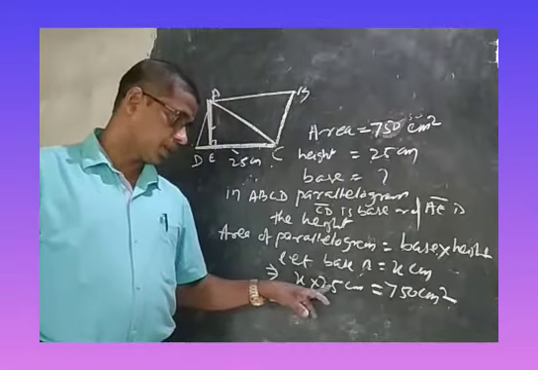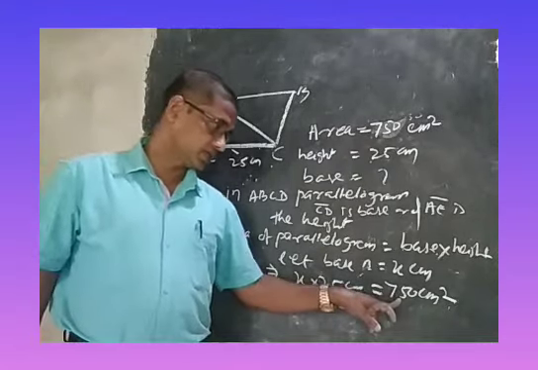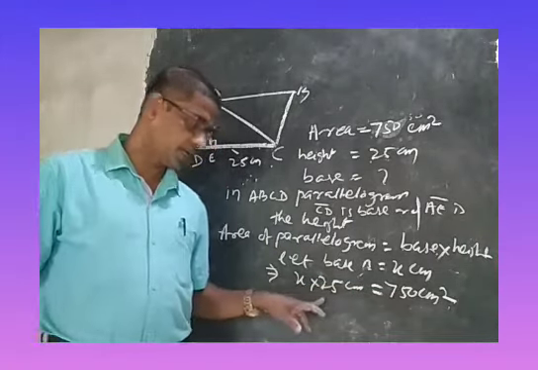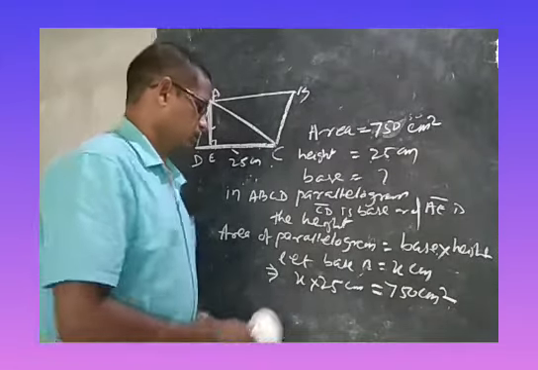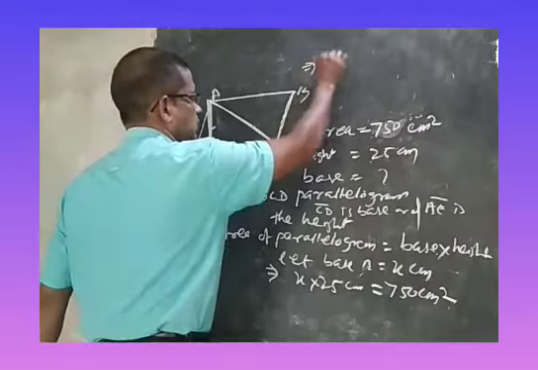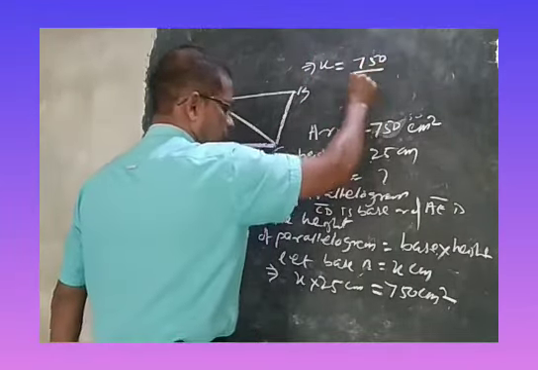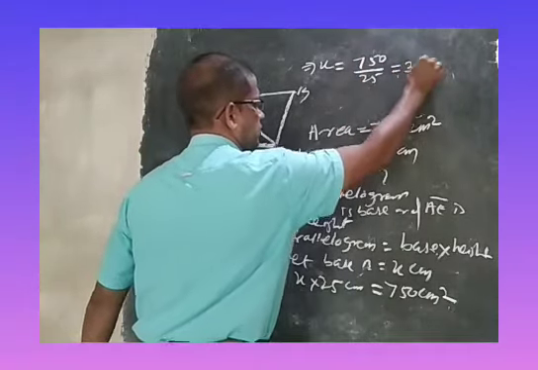Here 25 is multiplied on the LHS. On the RHS, 750 is divided by 25. We get the value of x. This implies x equal to 750 divided by 25. Here the answer is 30 centimeter.